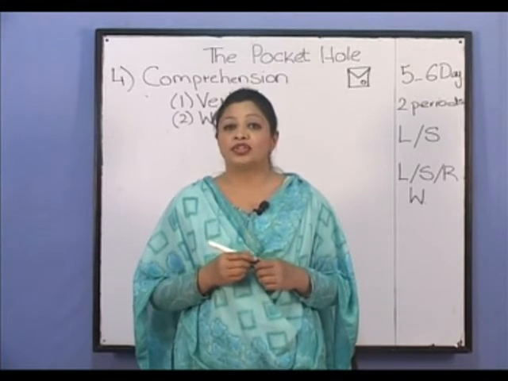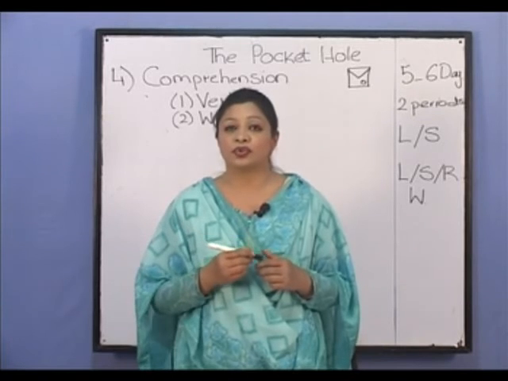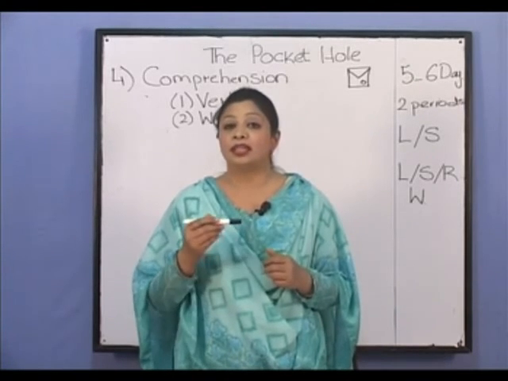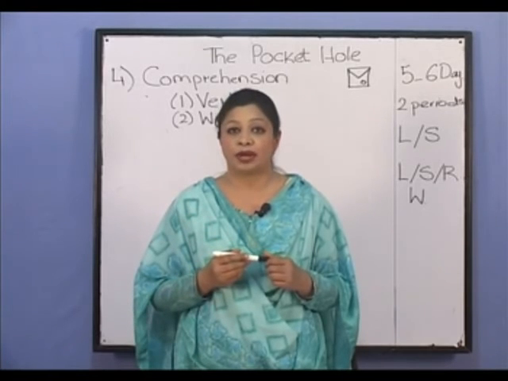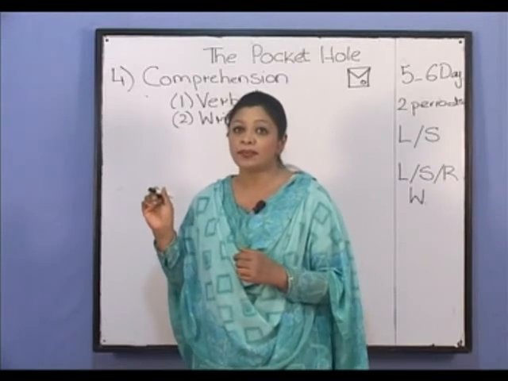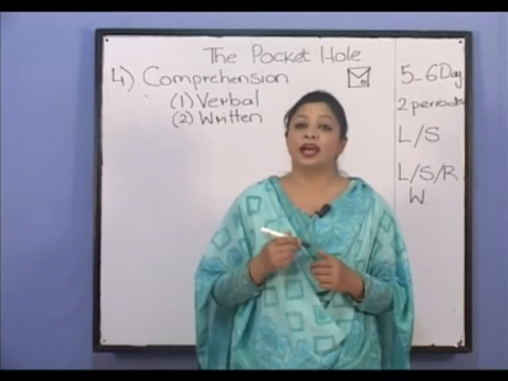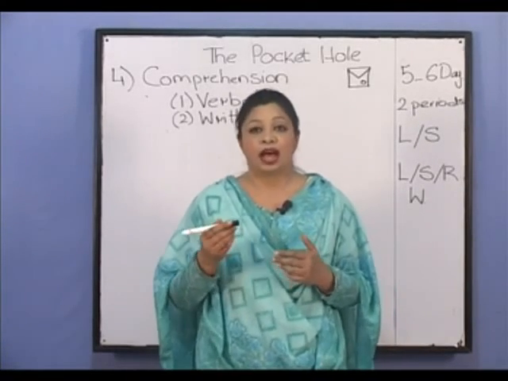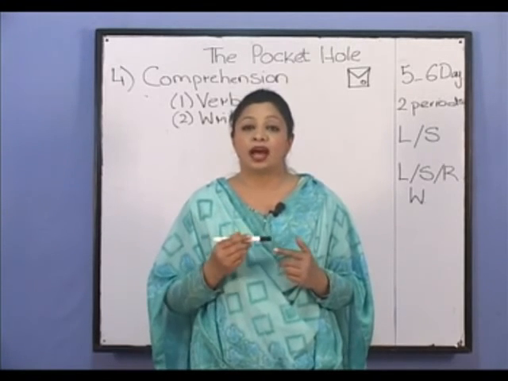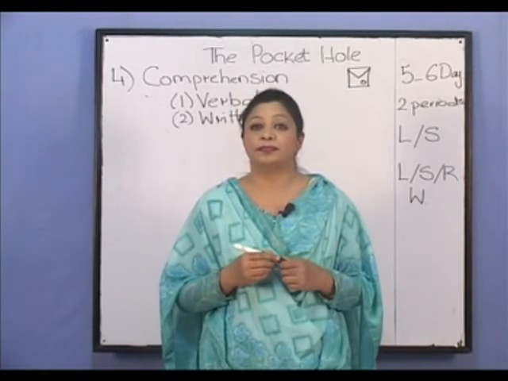In the written comprehension, you are going to ask the first question which has generated the maximum answers in the verbal comprehension part. You are going to write that question on the board, and then you are going to take answers. After taking the first answer, you are going to repeat the answer by 3-2 method.